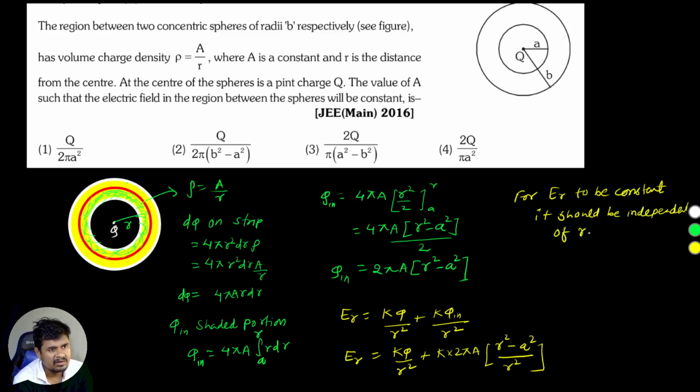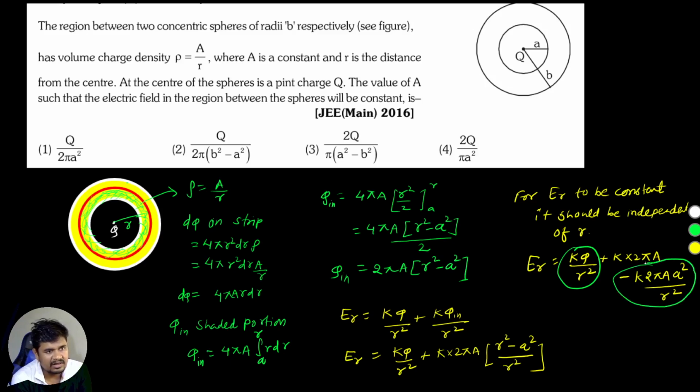If we simplify, E at r is kq by r square plus k times 2 pi a, minus k times 2 pi a times a square by r square. So I will equate the variable terms to 0, because the electric field has to be constant in this region, so it should be independent of r.